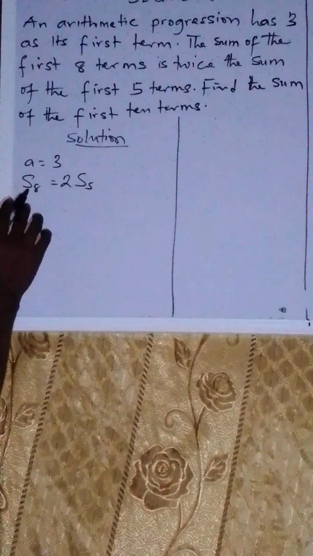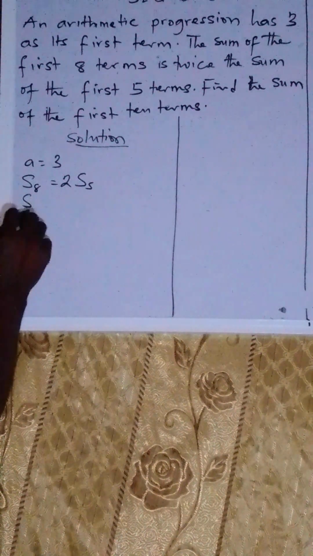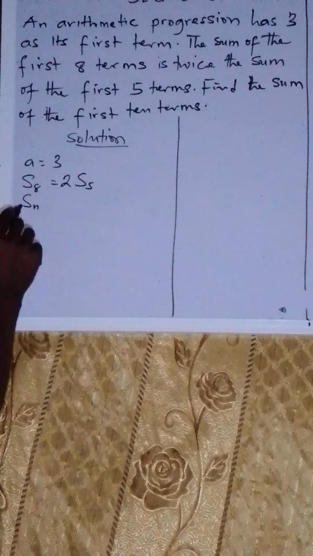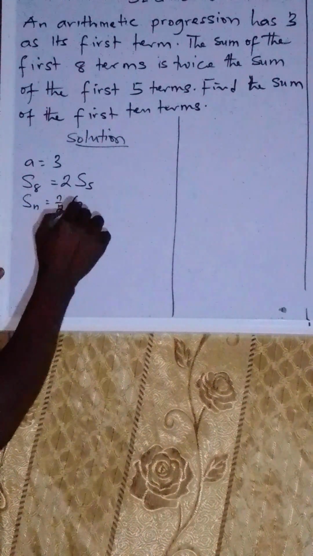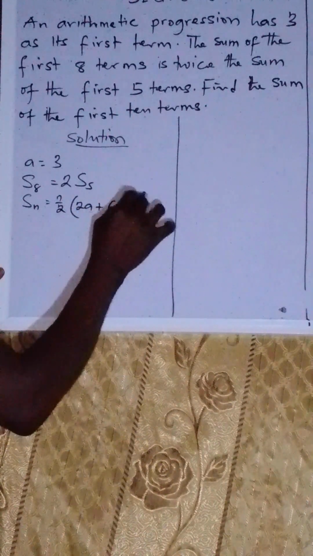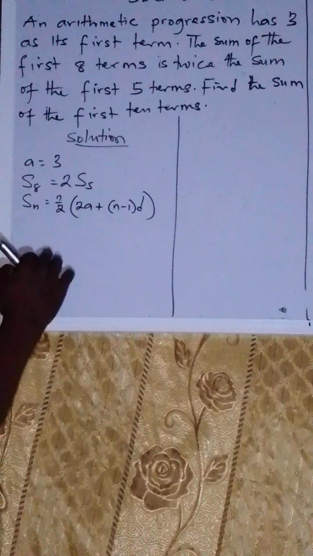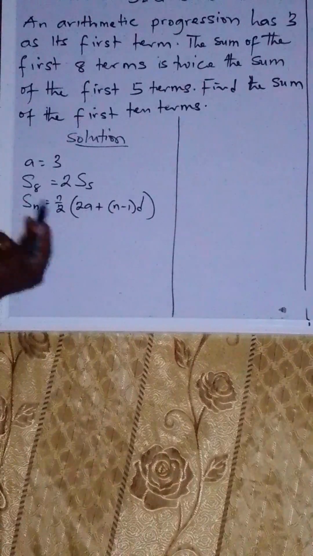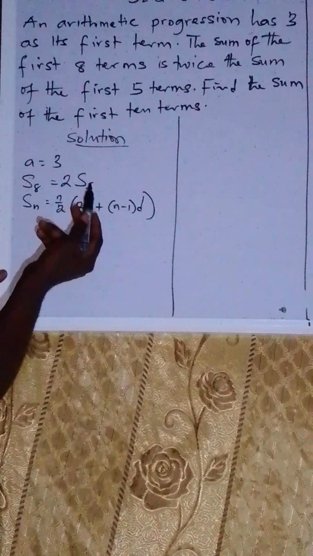Since this is the sum of an arithmetic progression, we are going to use the formula for the sum of the first n terms, which is Sn equals n over 2 open brackets 2a plus n minus 1 d. I'm going to substitute into this formula for S8 and also for S5.